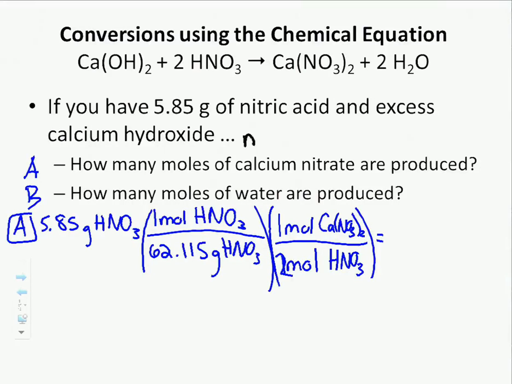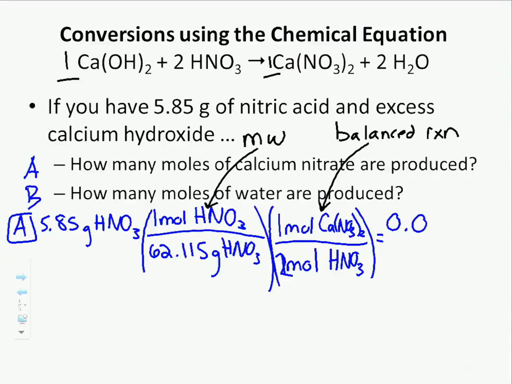So our molecular weight was here. Our balanced chemical equation gives us our numbers for 1 and for 2. So let's type this into our calculator and see what we get. 5.85 divided by 62.115 divided by 2 gives us 0.0471 moles of calcium nitrate.